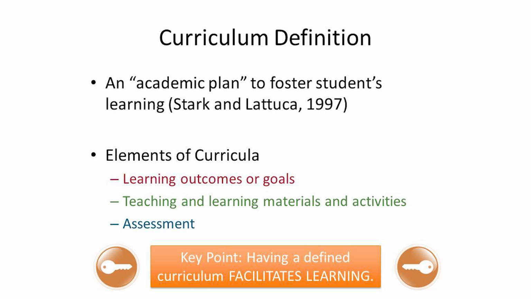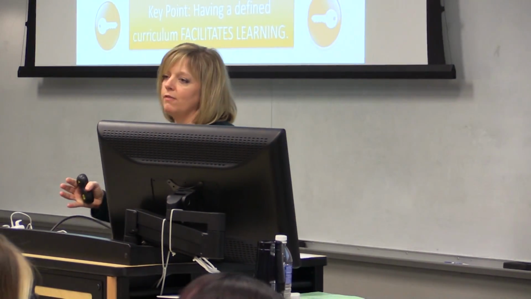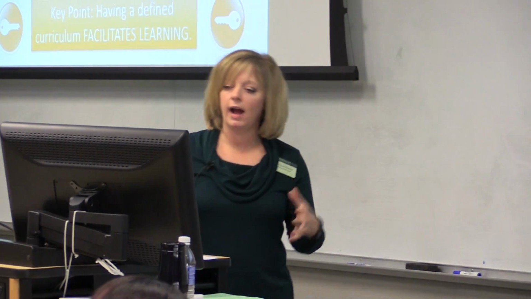The key point here is that having a defined curriculum facilitates learning. I also think it facilitates good teaching. So if we know what we're doing, if we have a plan for what we're doing, and it's aligned in these three areas, then teaching is better. As a result, learning can be better.